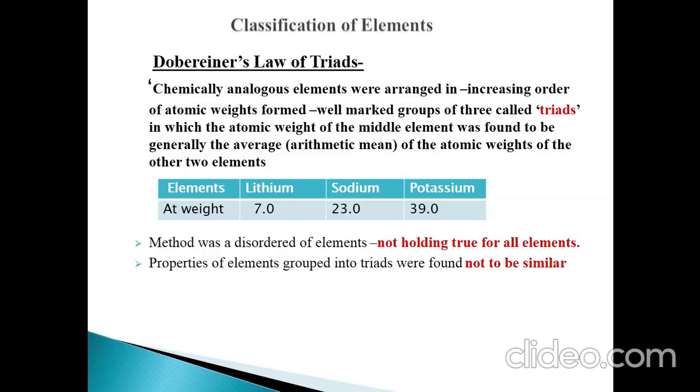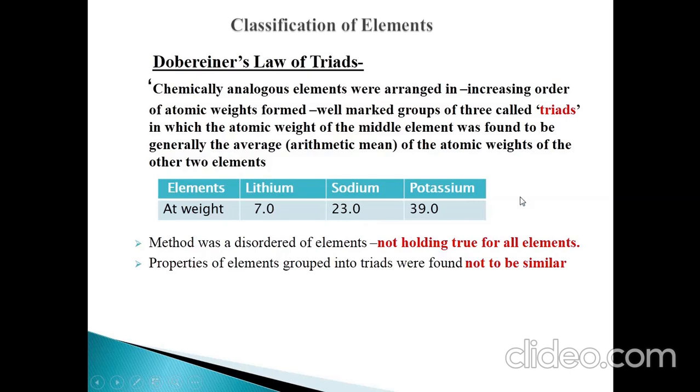39 plus 7 becomes 46, and if we divide it by 2, it will give us 23. So we added the atomic weights of lithium and potassium, and the result was found to be the arithmetic mean for sodium.